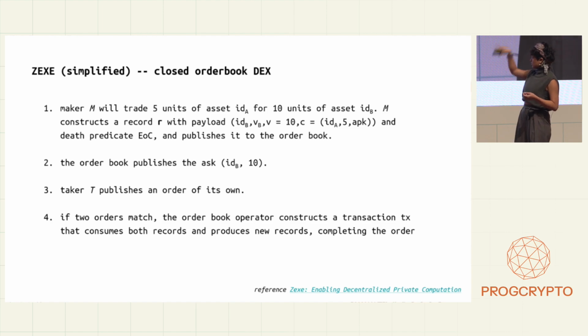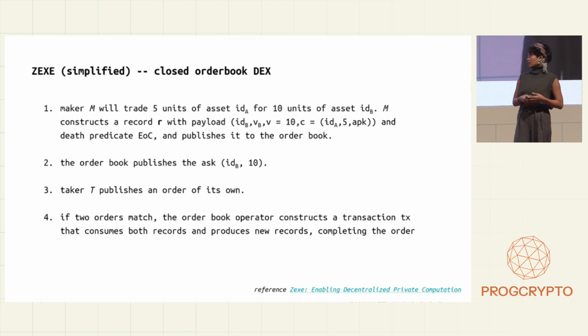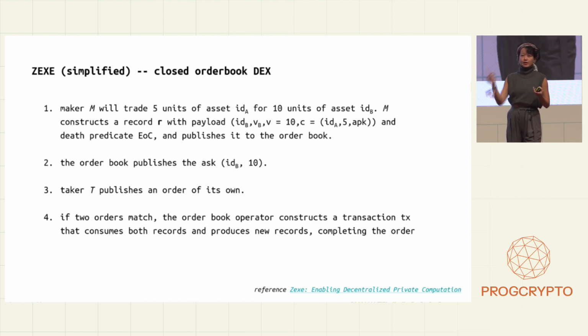So this is what we just discussed, how you would implement a closed order book in Zaxi. There's other variants, like, for example, an intent-based order book. So they mentioned in their paper, you could broadcast simply the direction of your trade, and we assume an out-of-band communication channel where interested counterparties can coordinate with you on your trade.